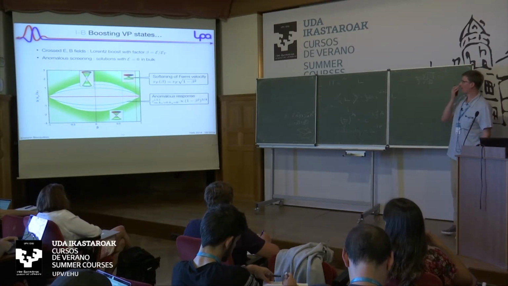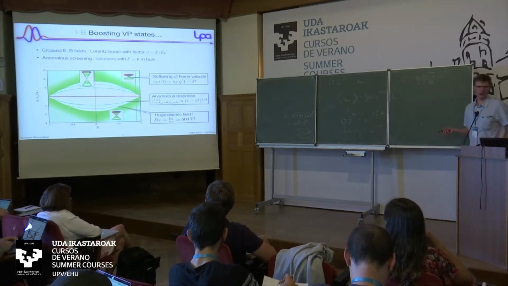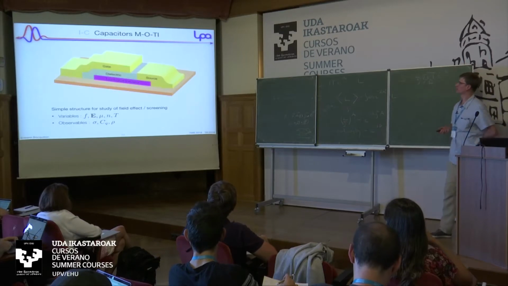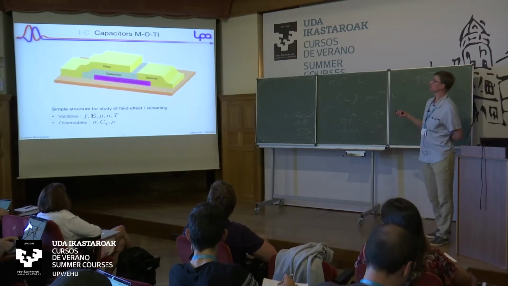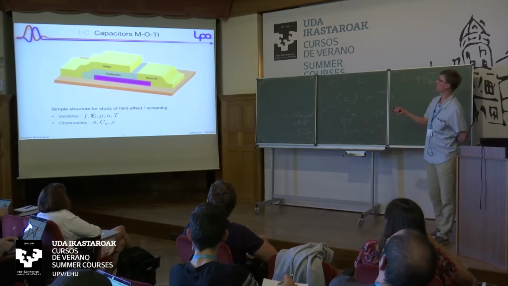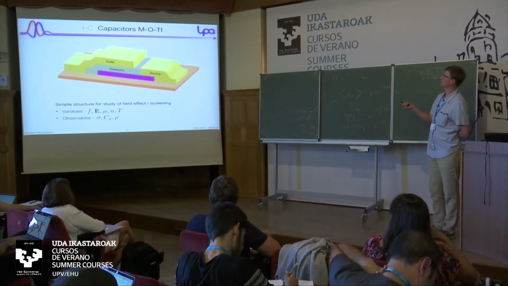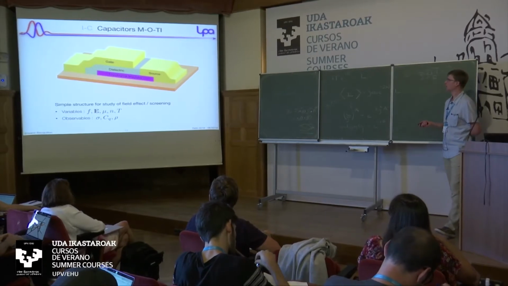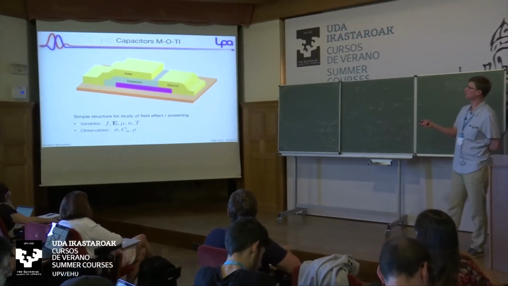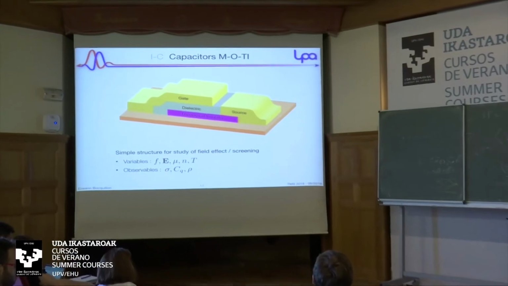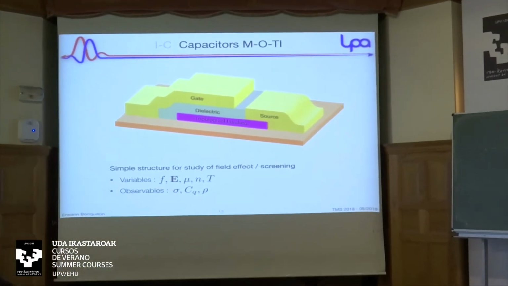Okay, so now I'll try to show you how we try to probe this in the experiment. For this, I want to introduce the devices I've shown on the very first slide, which are metal oxide topological insulator capacitors, where one gate is used to induce a DC electric field, so to change the density, for example.